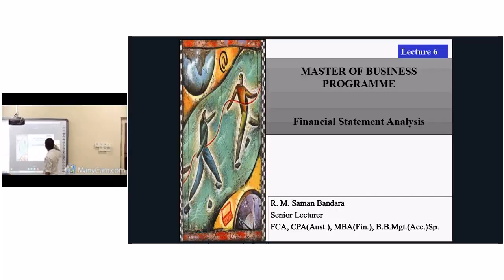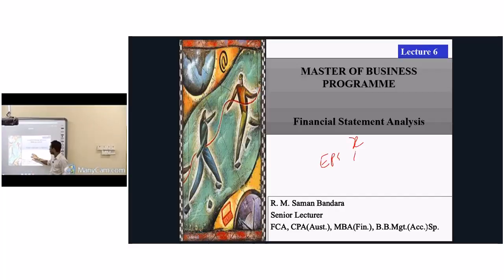Let's say a very simple example, I take only a limited amount of data. There is a company X with earning per share, EPS, let's say 4 rupees. Company Y, EPS let's say 5 rupees. A simple hypothetical case. DPS for X, let's say 3.50.